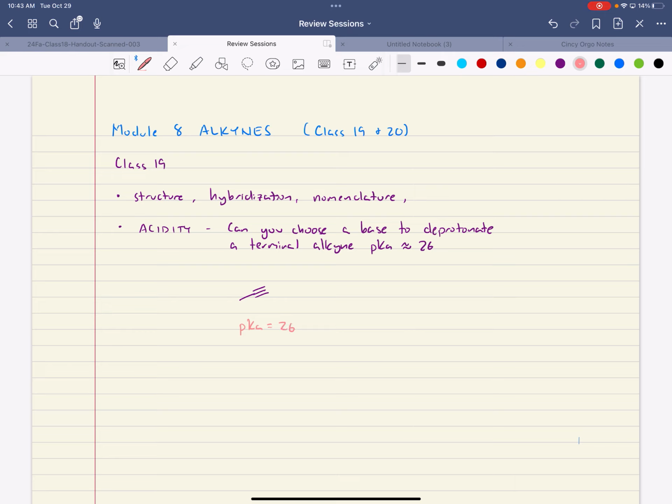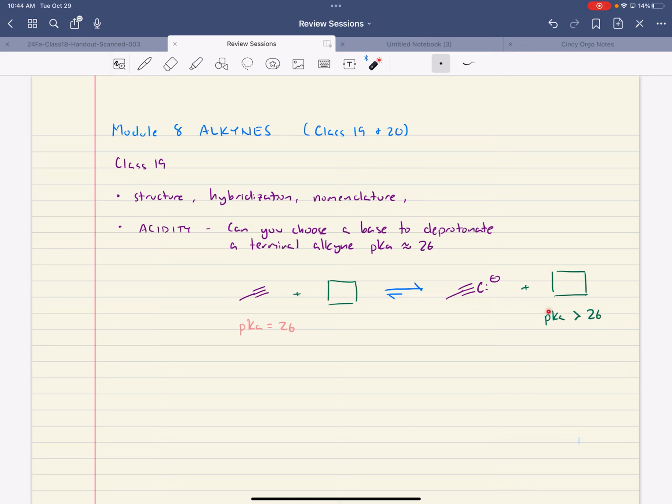And so whatever base you choose, plus some base, I want the equilibrium arrow to favor the right-hand side, meaning that now your alkyne is deprotonated, plus this thing here, which is your conjugate acid, that pKa has to be greater than 26. Does that make sense?